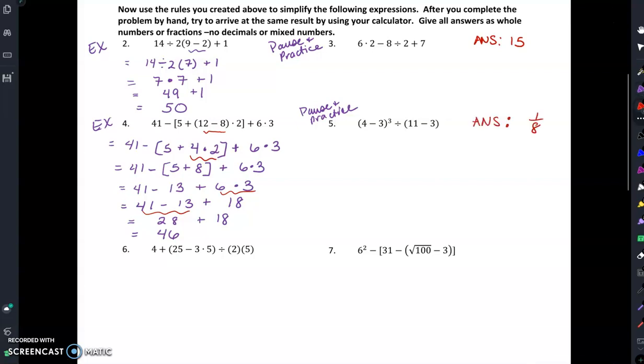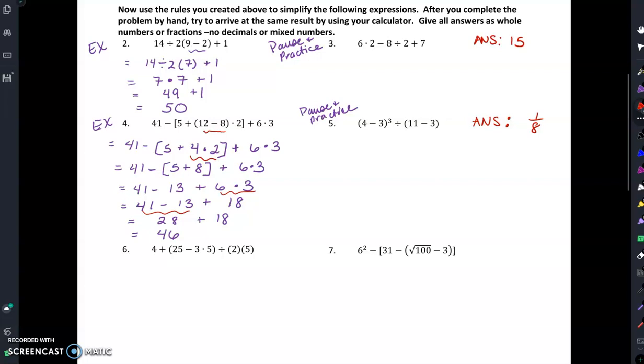Okay, so the answer for that number 5 here for practice is 1/8. Now that's a little bit tricky. Remember, we did not want any decimals involved, right? So you need to write your answer as a fraction. So when you're dividing, you can use the fraction bar instead. So in that last step.